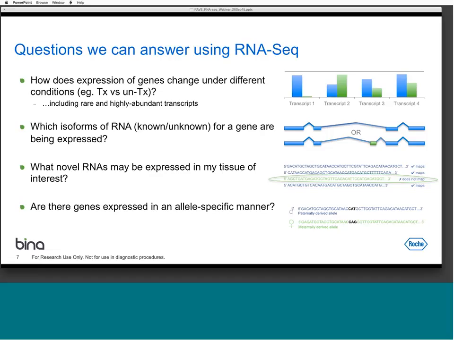There's also the ability to detect novel RNA, and then also, very interestingly, if, for instance, one allele is mutated and the other is wild type, you can assess if genes are being expressed in an allele-specific manner. So, for instance, compare expression from a paternally derived allele and a maternally derived allele.